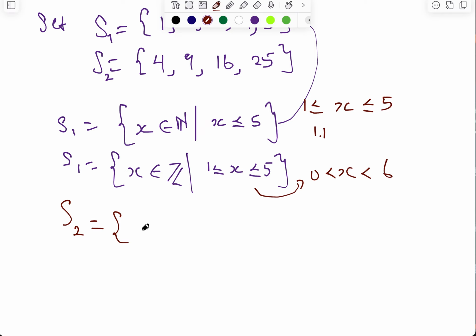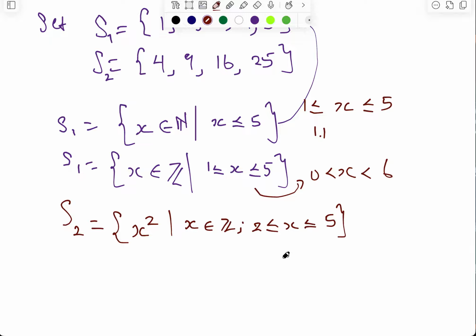So you want to define this such that set x equals x raised to power 2, such that x is an integer. You can also make it natural number. X is an integer, and 2 is less than or equal to x less than or equal to 5.